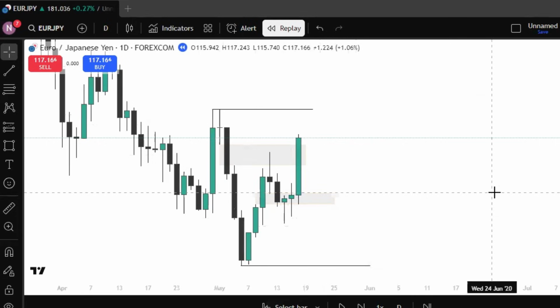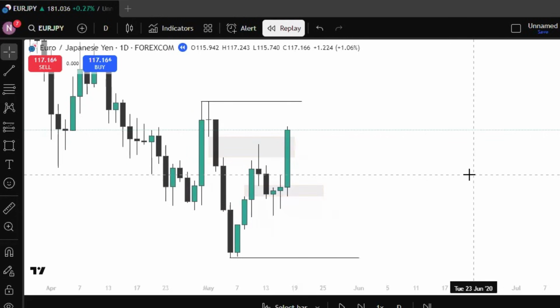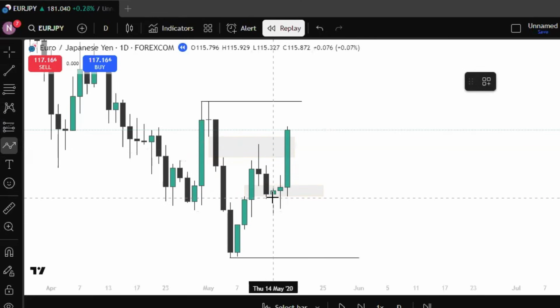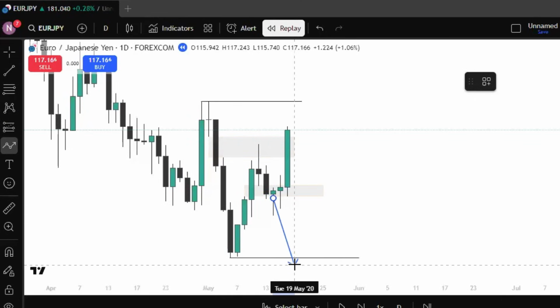Now, we expected the market to react to that internal range liquidity and come down for this external range liquidity. The reason is because we were bearish on this price action. And the reason why we were bearish is because we realized that bearish PDAs are supporting price to go lower.